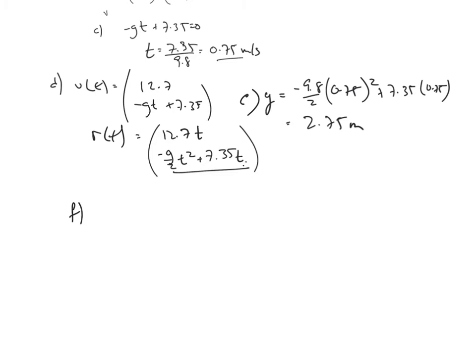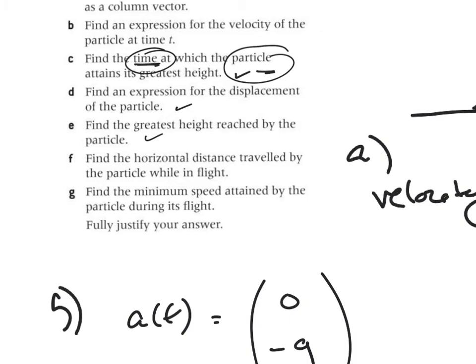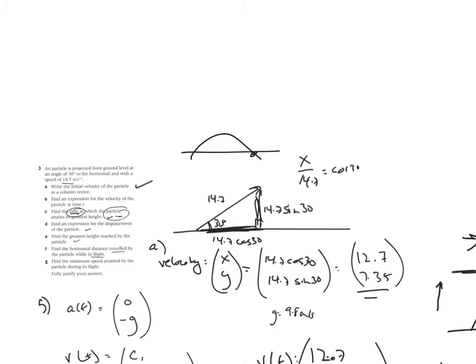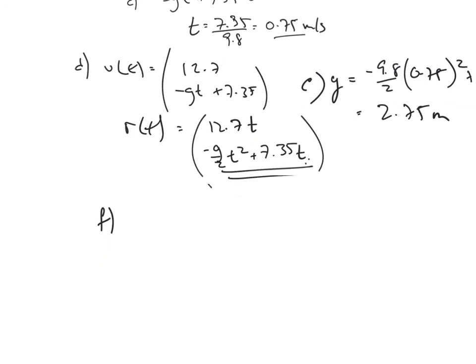Going to F part, it says find the horizontal distance traveled by the particle while in flight. We need to find when this projectile goes back to 0, so when is the y value of r of t equal to 0? We go back to our displacement vector and take the y value: minus 9.8 over 2 t squared plus 7.35 t is equal to 0.